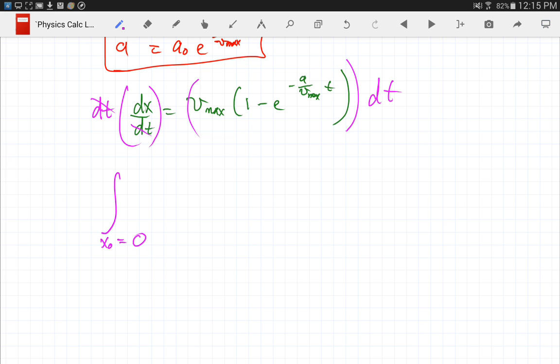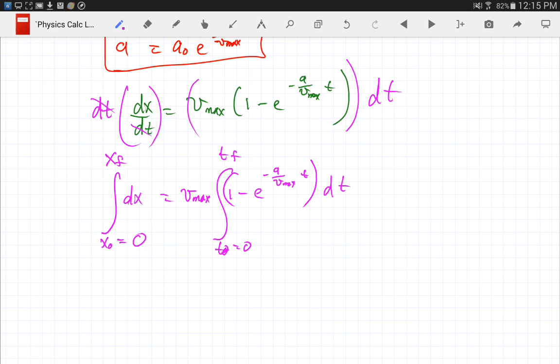obviously you start at a position of 0 in your drag race. I'll bring the Vmax outside since it's a constant. You have to have the parenthesis, or else you have nonsense. You have to have the dt. And we integrate this.